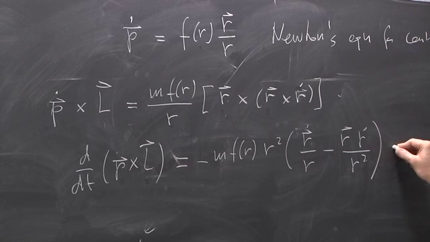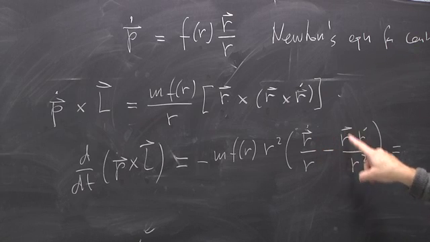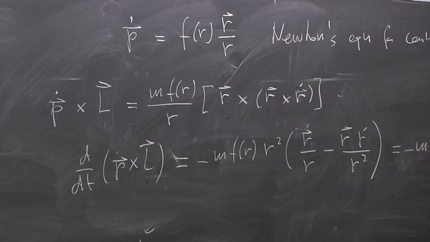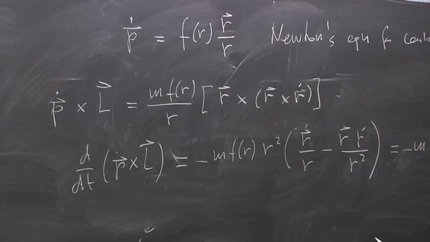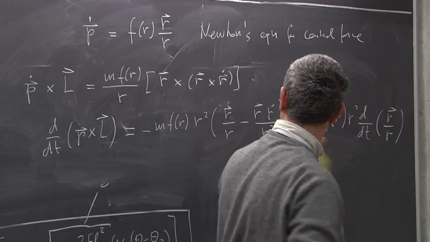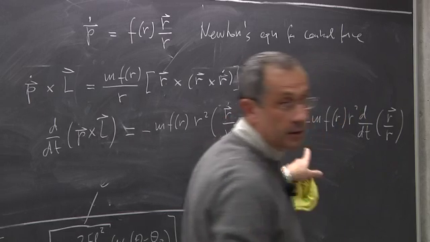And then you see that this can be collected, because this is r dot, then it acts on r, so the whole thing here is just m f(r) r square d/dt of r over r, right? Because first it acts here, and then on 1 over r, and you get the other term.